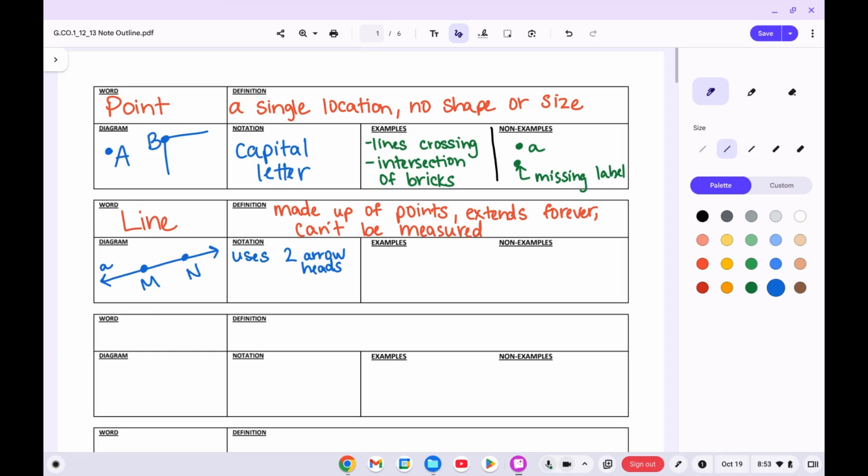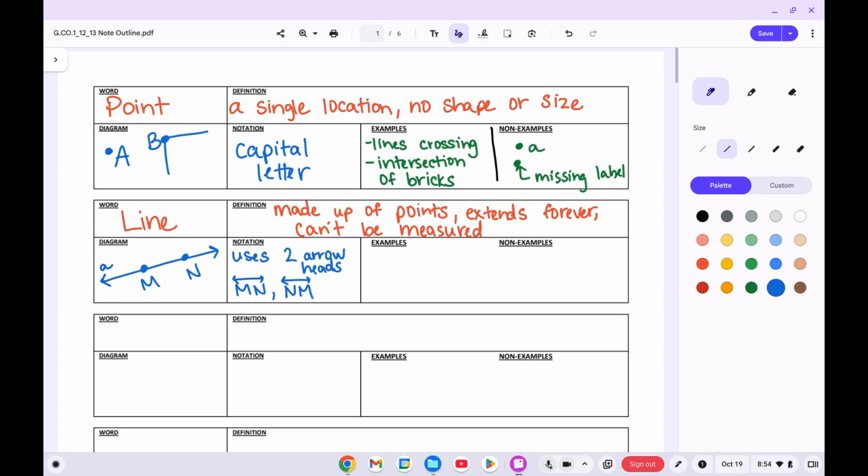You could have a couple of options here. You could use the two letters M and N, and you're going to draw a little tiny line right above those letters for the notation. So that would be saying that this is line MN. You could also flip those letters around. So you could do NM instead. And again, it needs to have that line notation above it.